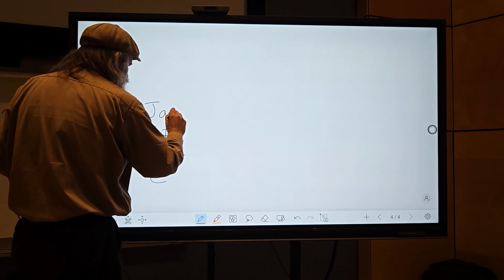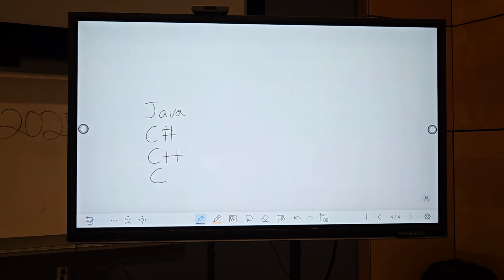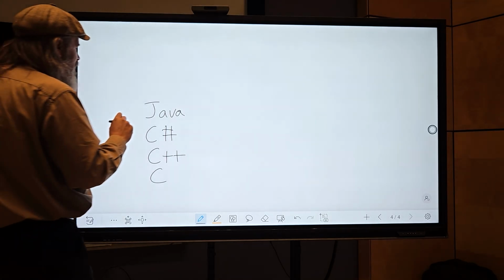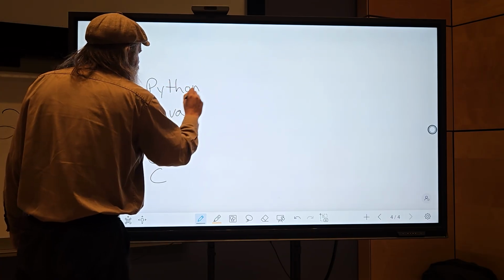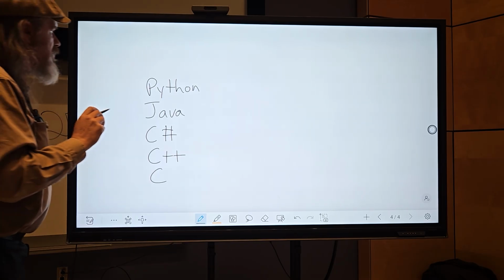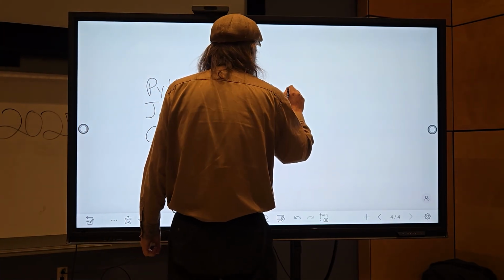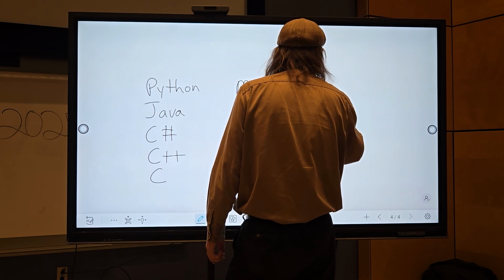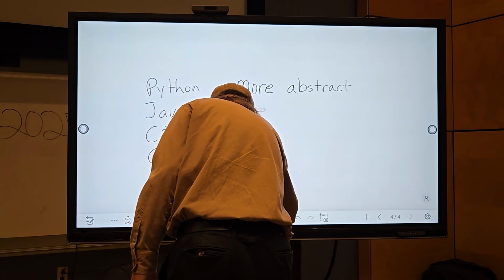Java. Actually, C# is like if C++ and Java had a baby, you'd get C#. Then you have Python, one of the highest level languages out there. Each one is getting more abstract. And this is closer to the hardware.